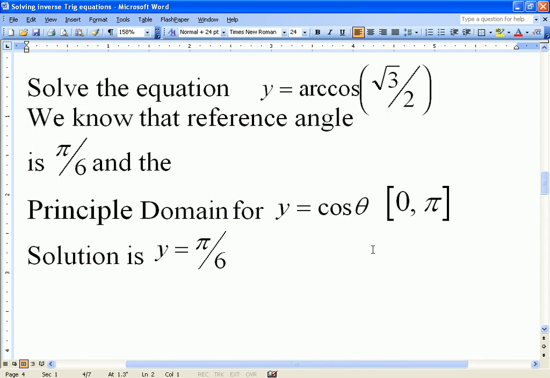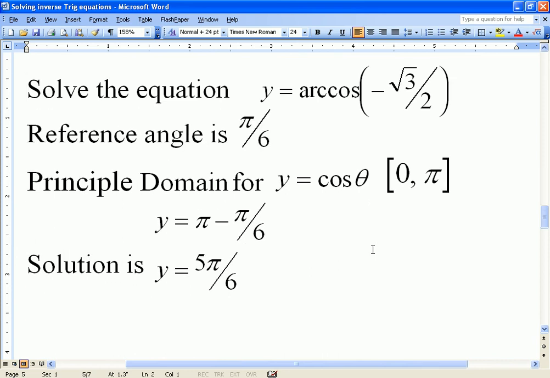Because it's arc cosine of plus root 3 over 2, we know that the angle must be in the first quadrant. So again, the angle we are looking for is the same as the reference angle. Our solution would be y is pi over 6.